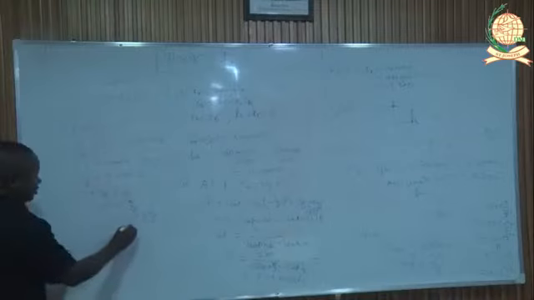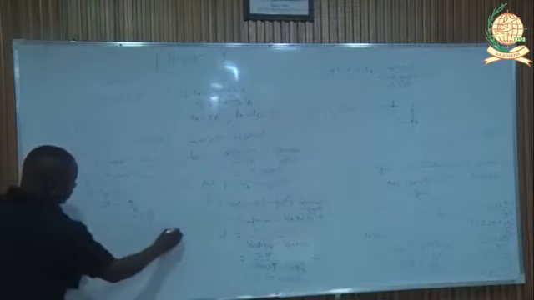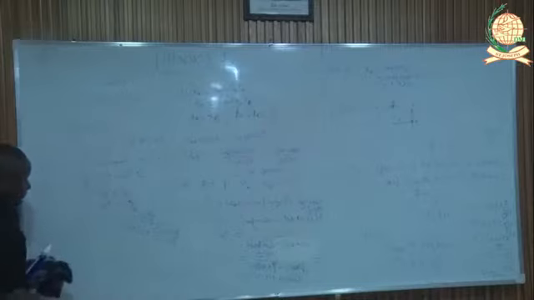So you can calculate the period. R is the radius of the Earth, g is 9.8.